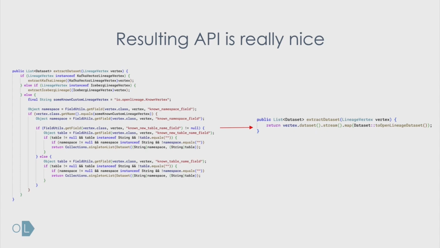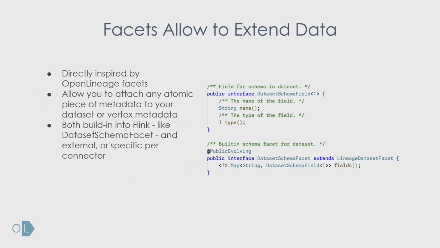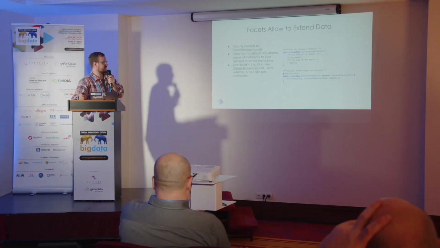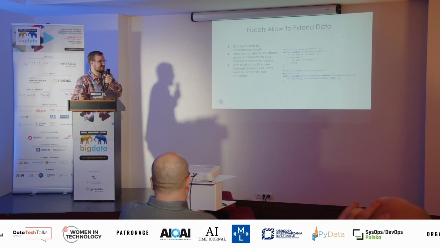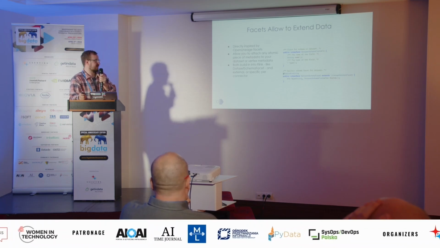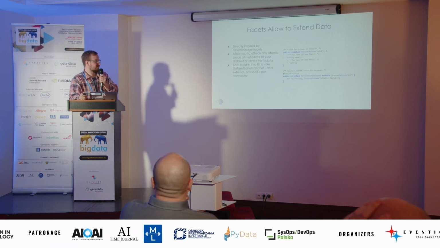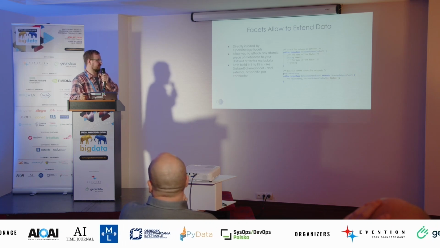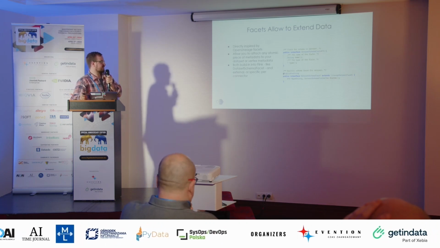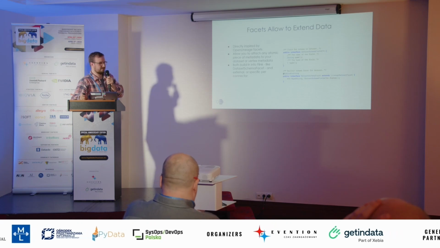So yeah, that's great. And yeah, the facets that Flink has now, it will be in some next release. It's not yet released, but it's very similar to OpenLineage facets, and they can contain stuff like data schemas, right? And Flink has its own set of those predefined facets, and yeah, you can use it the same way.